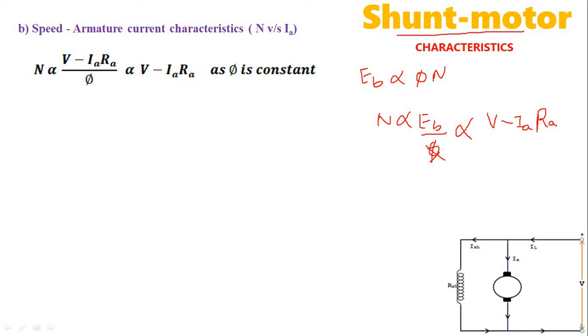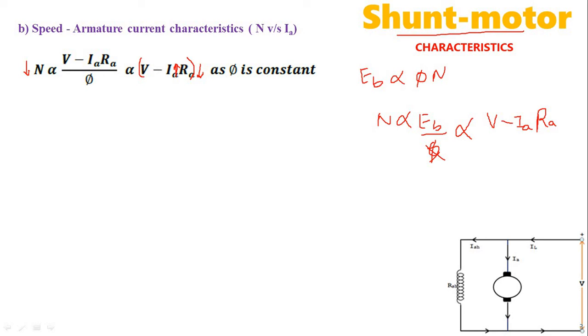As we all know the significance of back EMF, if the armature current increases, Ia Ra drop also increases. If Ia Ra drop increases, V minus Ia Ra drop will decrease. If V minus Ia Ra drop decreases, speed also decreases.